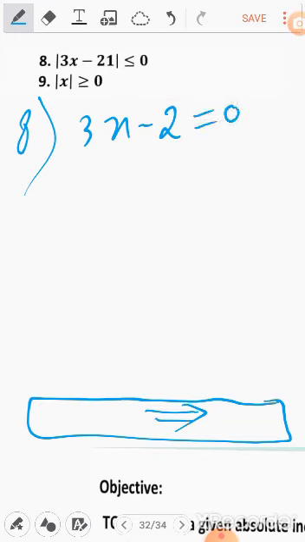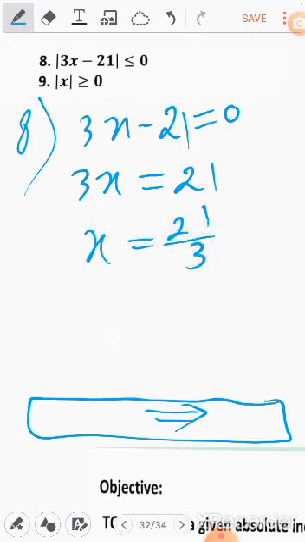The absolute value cannot be negative, so it should be equal to 0. 3x minus 21 is equal to 0. So 3x is equal to 21. So x is equal to 21 over 3. Then x equals 7.